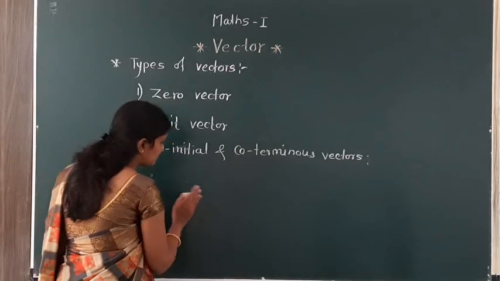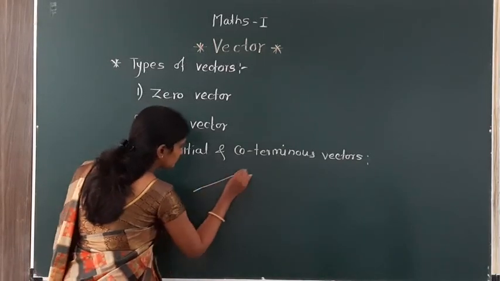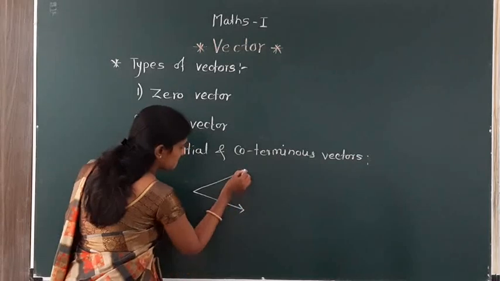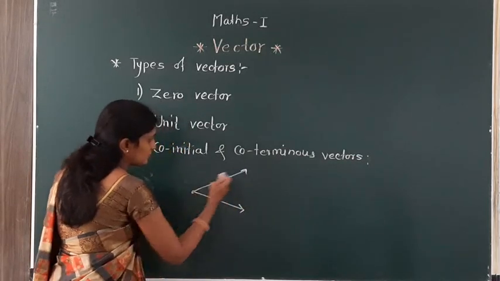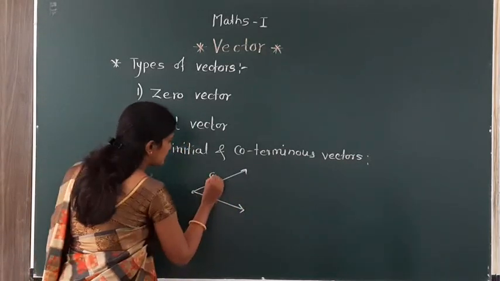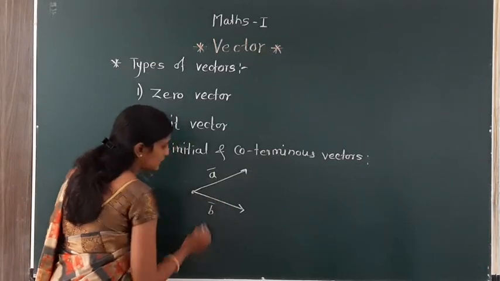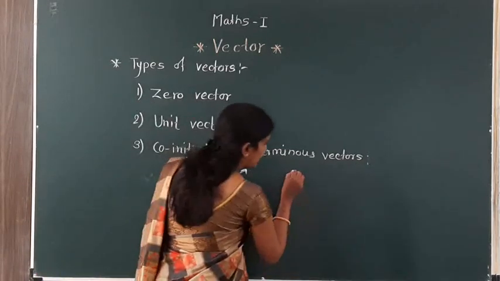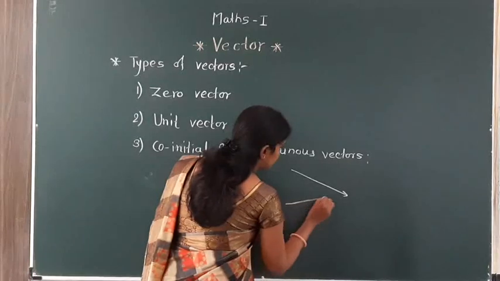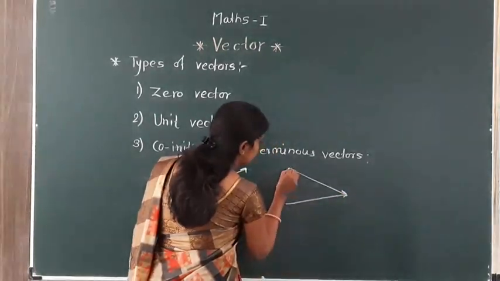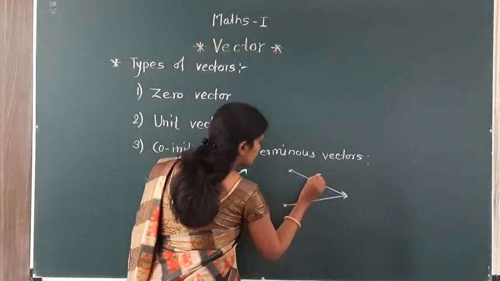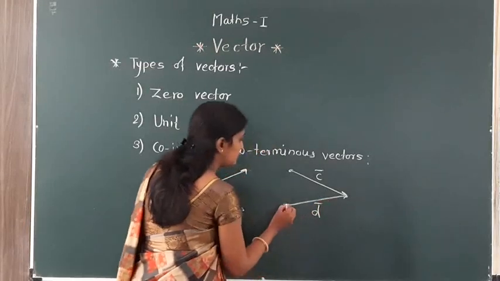I draw a diagram here. Suppose this is vector a bar and this is vector b bar, and here vector c bar and here vector d bar.